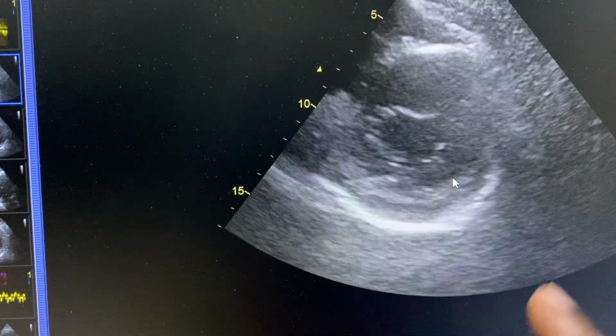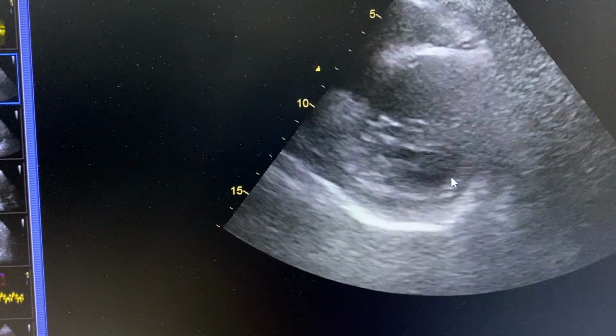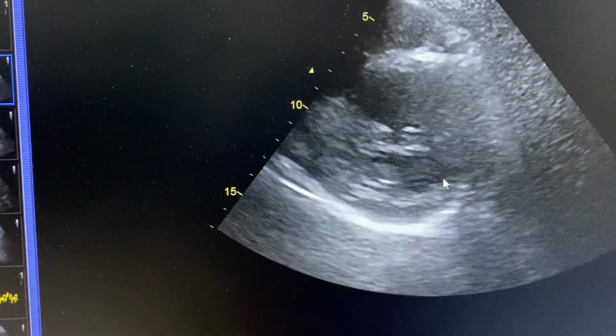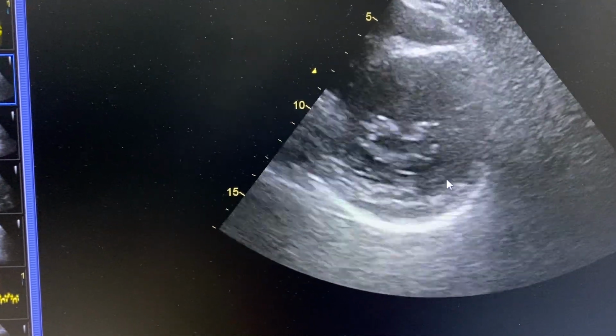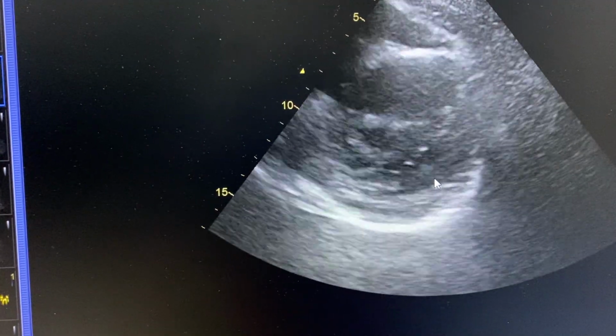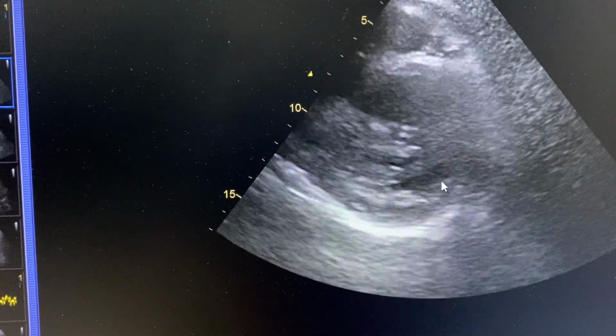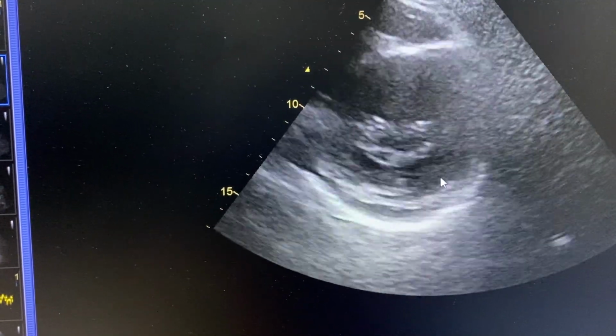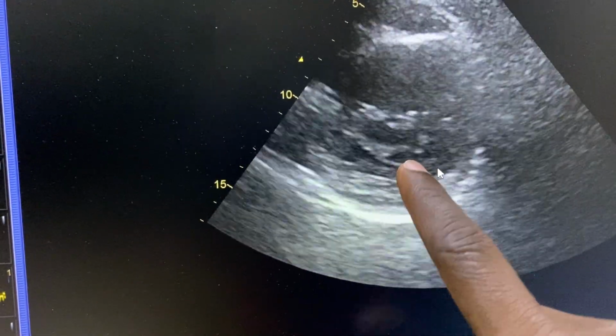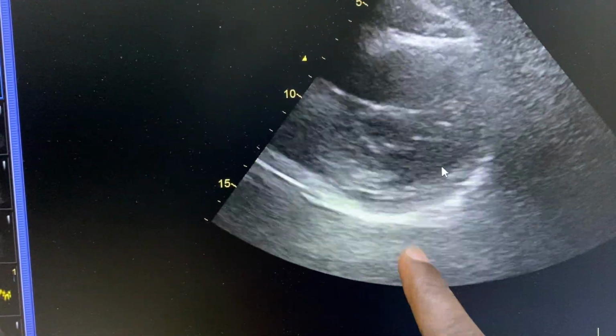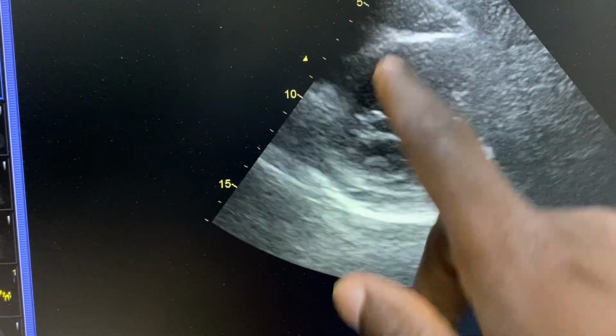So for hypokinetic, we have to compare to other segments. We are comparing with the inferior wall, the lateral wall, the anterior and then the septum. So clearly if you compare here with the anterior and inferior, this one is moving and this one is not moving.